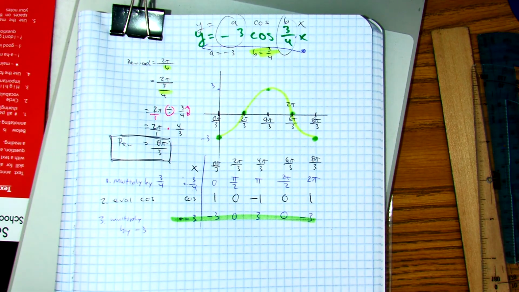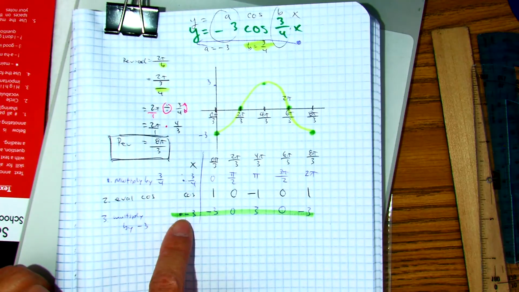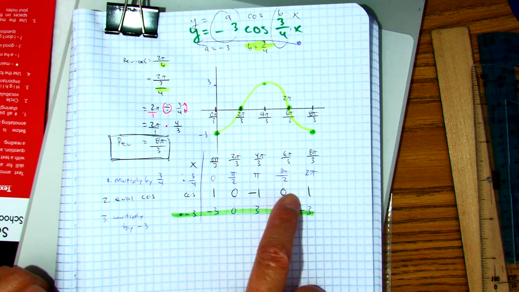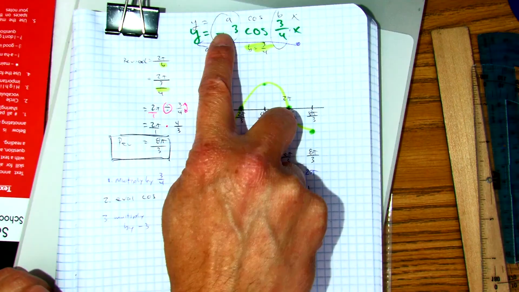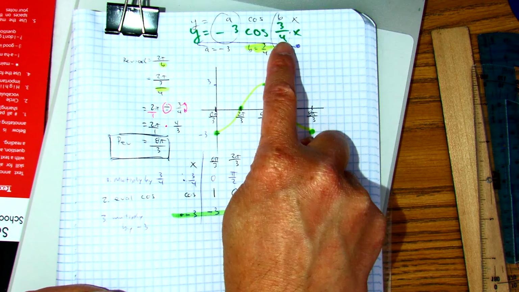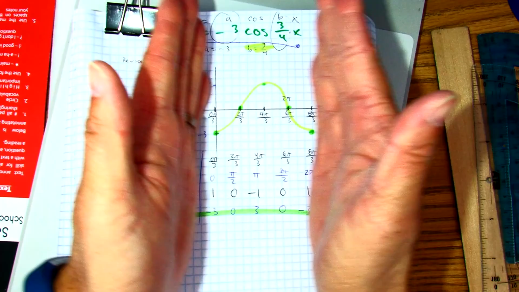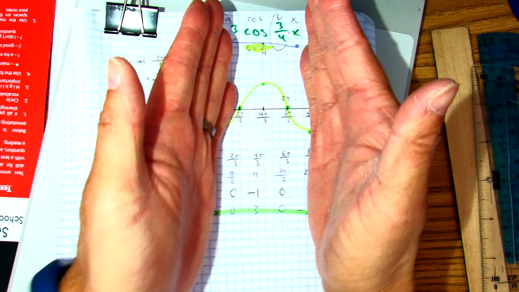That's a negative 3. So we multiplied by negative 3 on all those values. So the negative value flipped it over the x-axis. And the last one is they call this a horizontal compression. Right? It used to be at 2 pi, but it's actually being compressed. Okay?